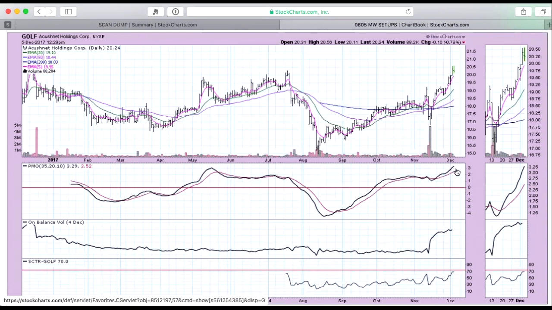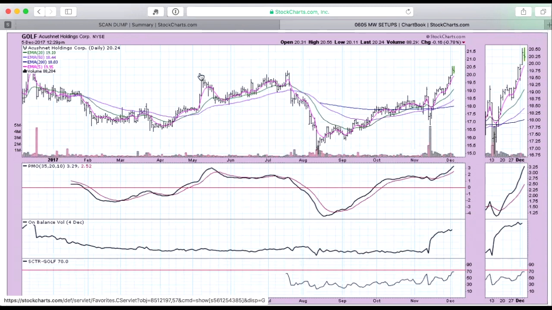In this case, I would be a bit concerned because we're looking at an overbought PMO. However, we don't have a huge amount of history on this particular stock, so it really hasn't quite come into its own to determine what its actual normal range is for the PMO. But when I look near term, yes, it is overbought, and that would concern me.